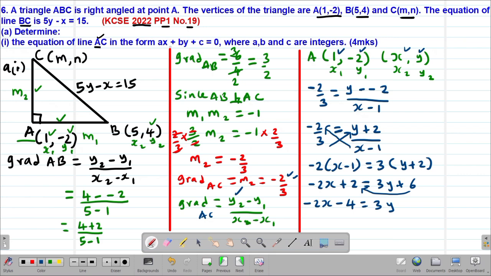Now, they wanted the equation in the form ax plus by plus c equals 0. Therefore, I'll take all these values towards the right hand side. I also take this towards the right hand side.